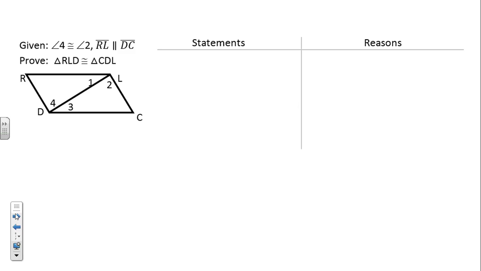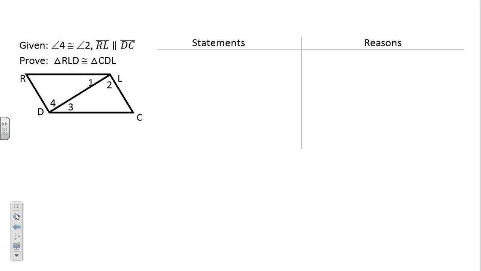Okay, so here's our last thing that we need to do. Now that we know that we have 5 tools in our tool belt: hypotenuse leg, side, side, side, side, angle, side, angle, side, angle, and angle, angle, side, we want to be able to prove two triangles congruent.